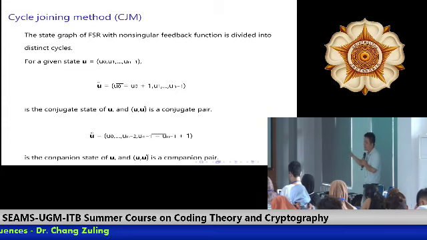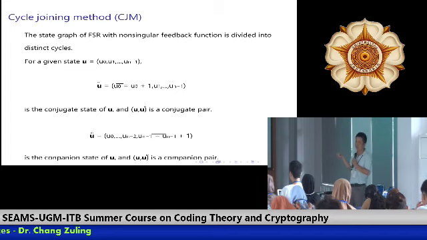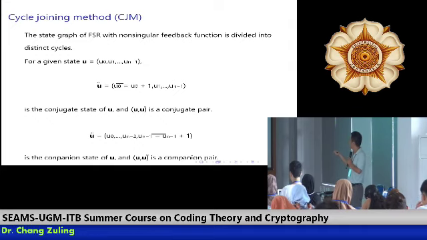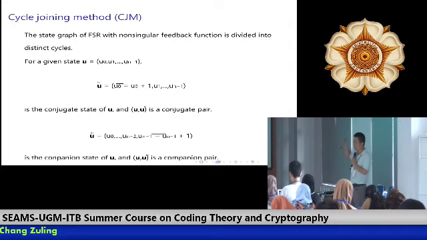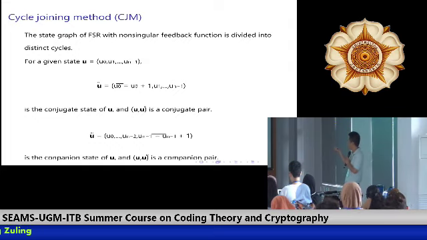So firstly we take a non-singular feedback function. This non-singular feedback function will give periodic sequences, so the state graph will divide into disjoint cycles.